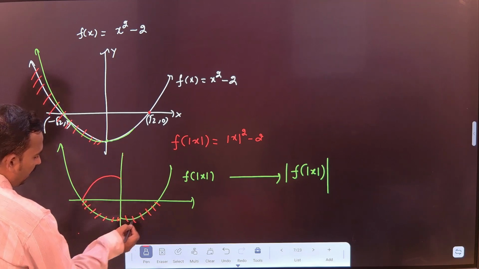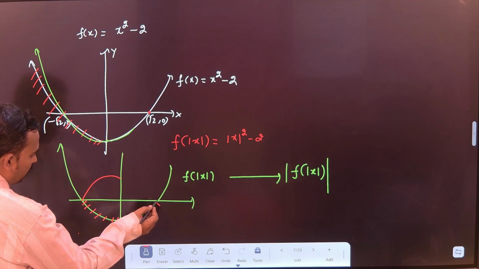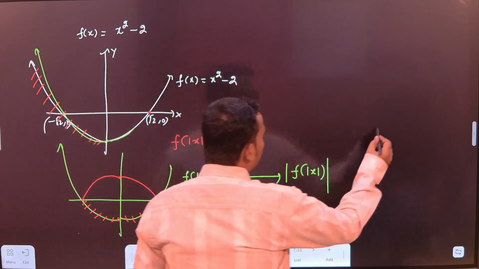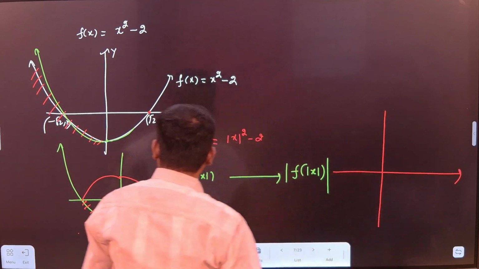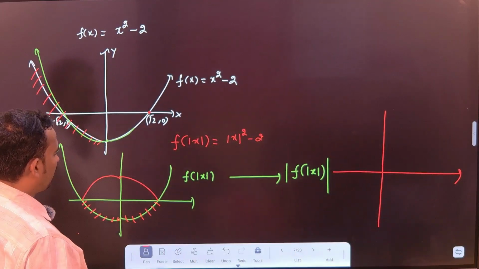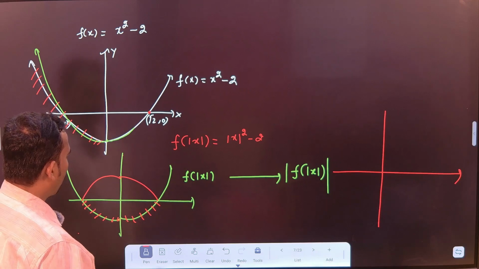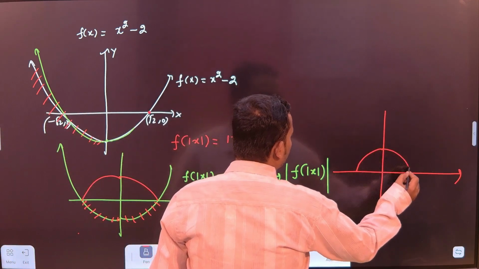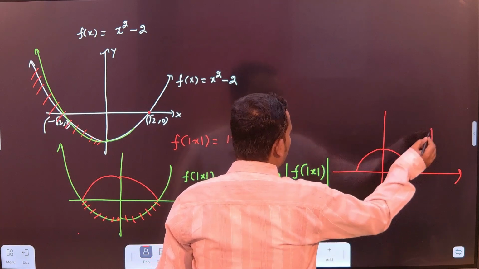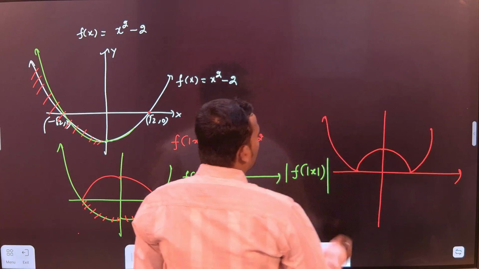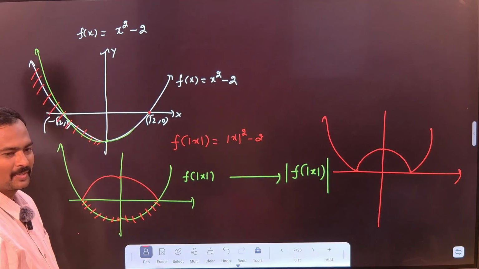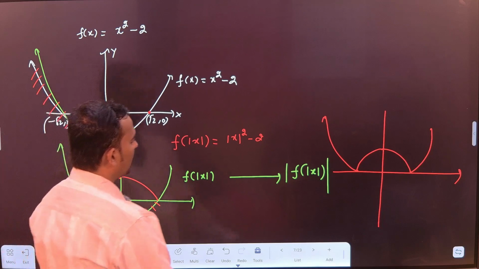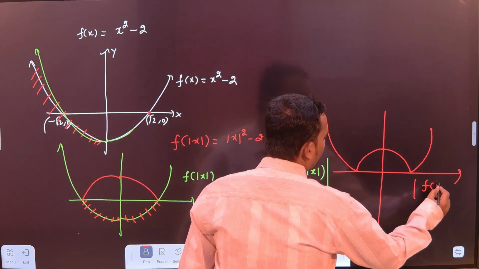Clear? The same way here, the portions below the x-axis on the right side will be reflected like this. So the modulus of f of mod x graph is this. This is the graph of mod f of mod x.